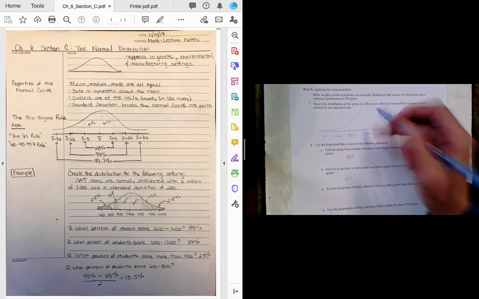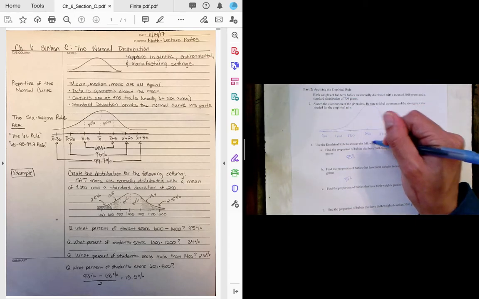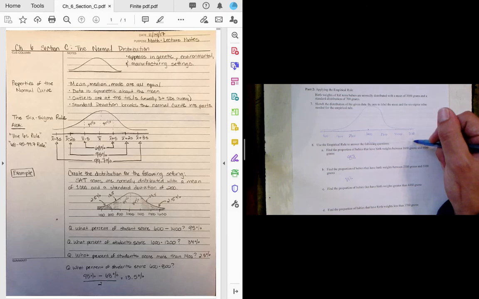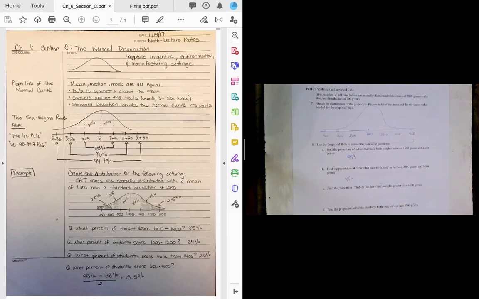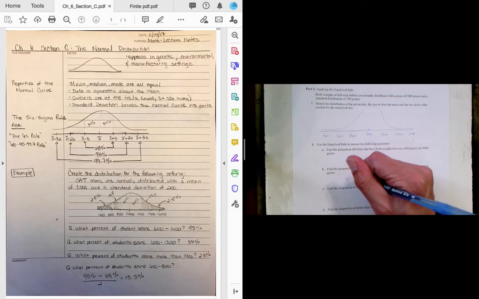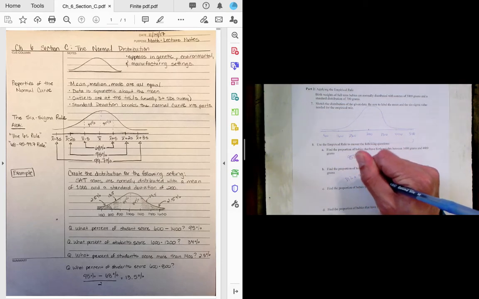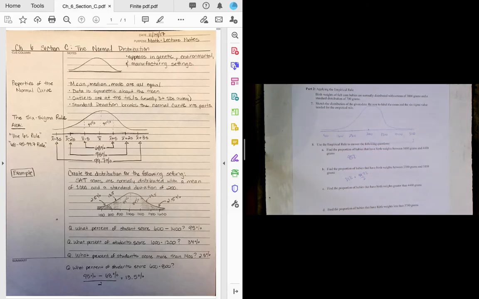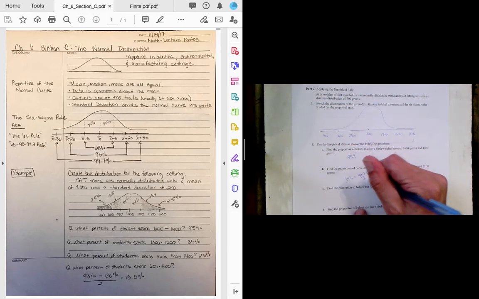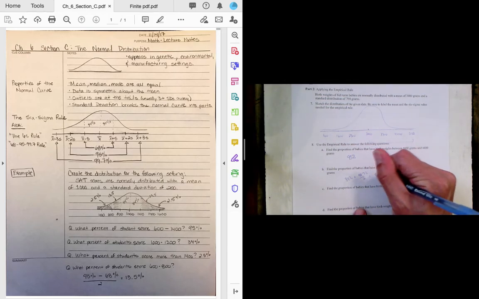But really, in order to answer this question, I just need to know from 3,000 to 5,100. And so that's going to be half of 99.7. So to this 34, I'm going to add 99.7% divided by 2. Together that gives me 83.85%.